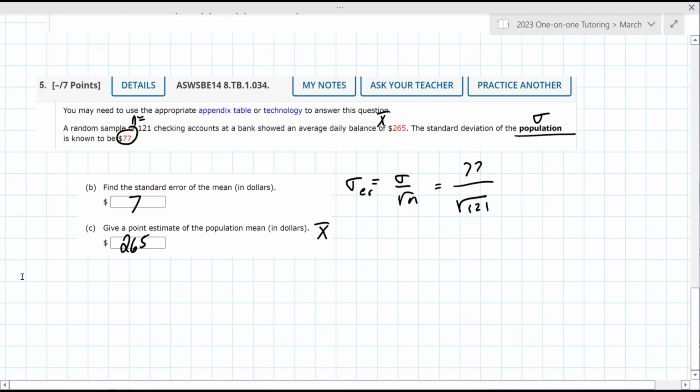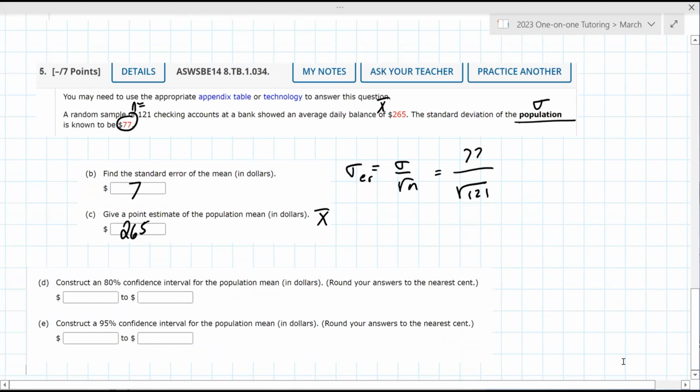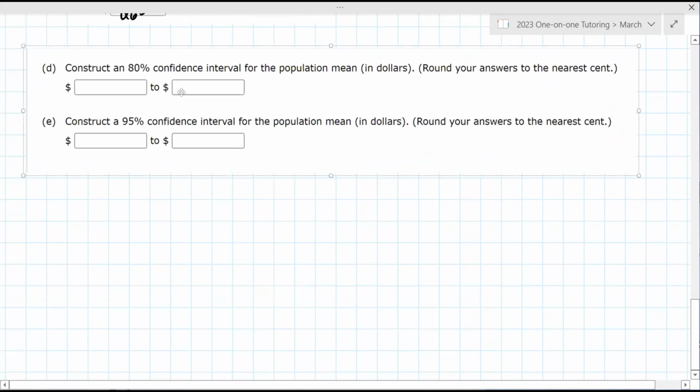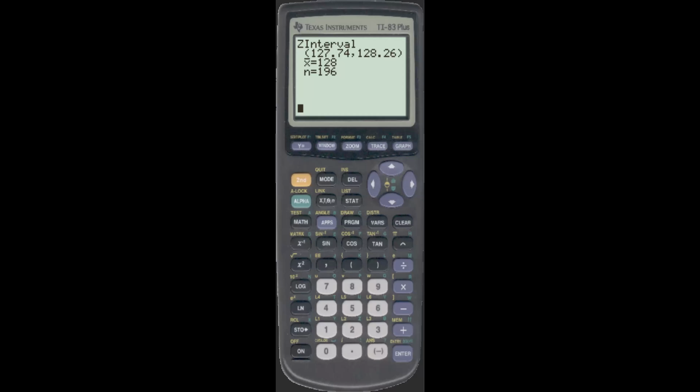All right, next two questions here. Construct an 80% confidence interval, then a 95% confidence interval. So to do that, we're going to go back to the other screen and do the calculations there. Okay. So if you see my screen there, there it is. Yep. So we're going back to Z interval, stat test, Z interval.